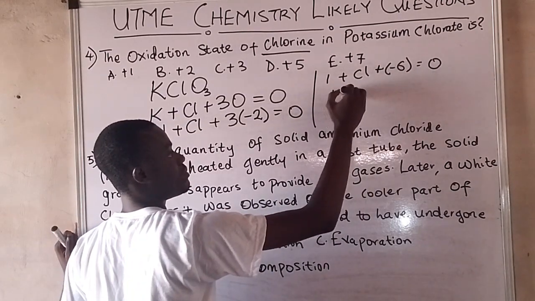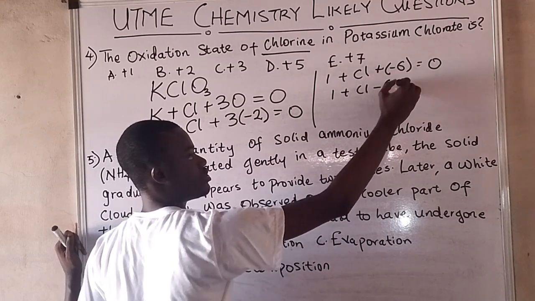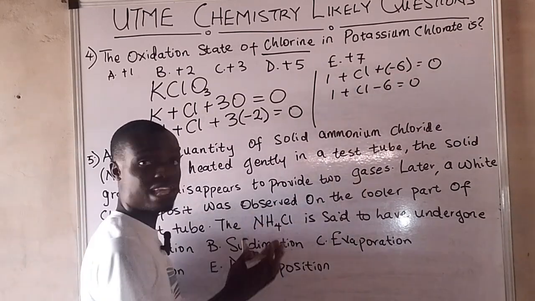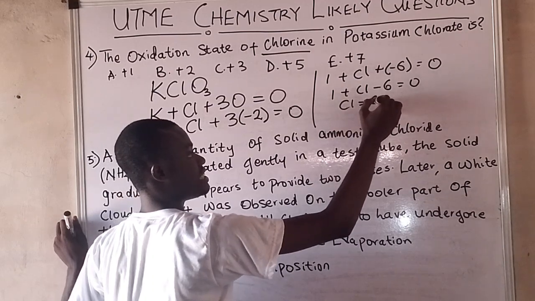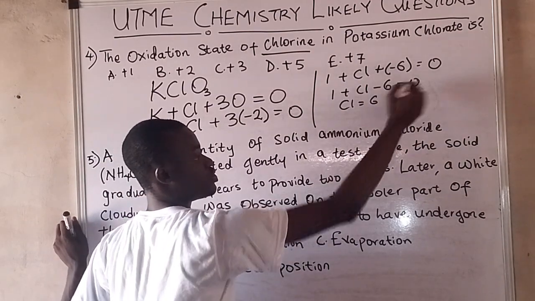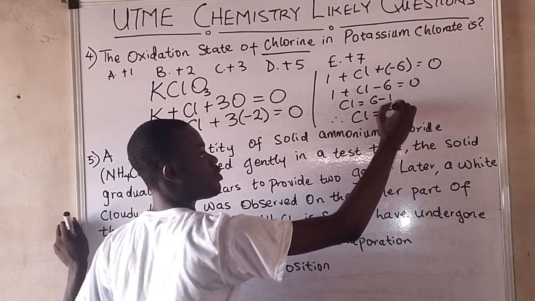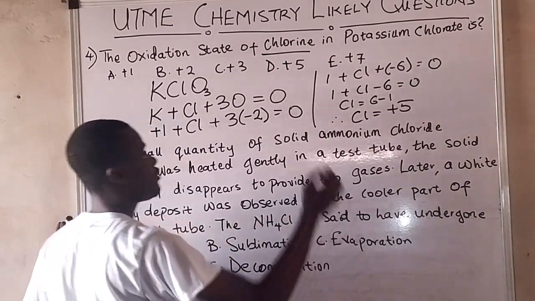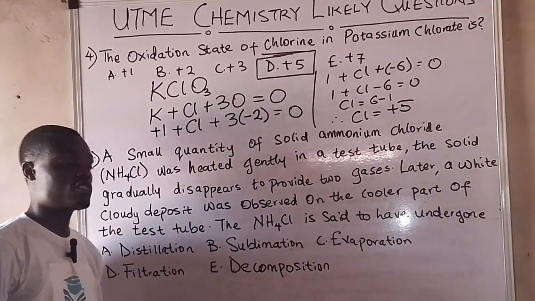So this will become 1 plus Cl minus 6, because plus times minus will give us minus, equal to 0. When we collect like terms, we take the numbers to the other side. So chlorine is equal to 6 - 1. When -6 comes this way, it becomes +6. When +1 comes, it becomes -1. So therefore, the oxidation number of chlorine is +5. So the answer to this particular question is option D, which is +5.